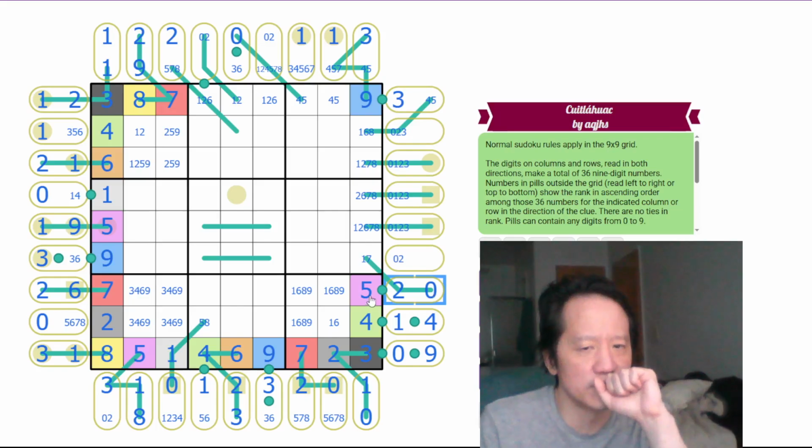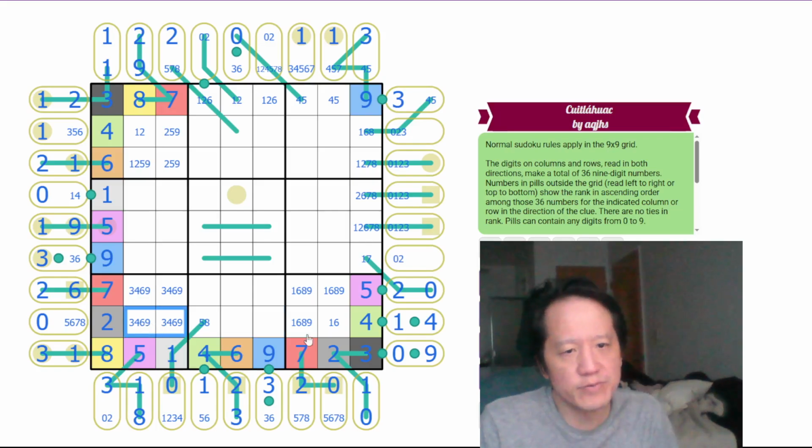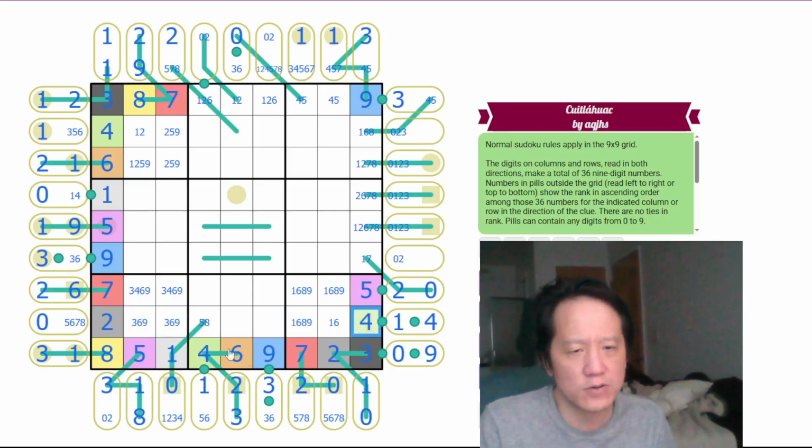This is the largest 5 here. Second largest. Third largest. So this cannot... It could be 9. This can't be 4 because of the 4 here.